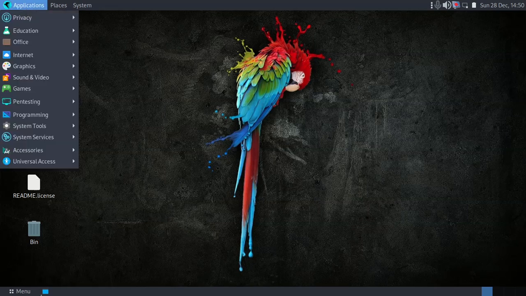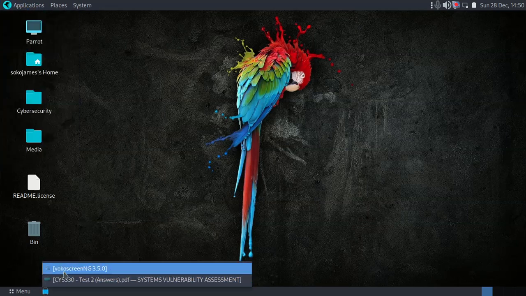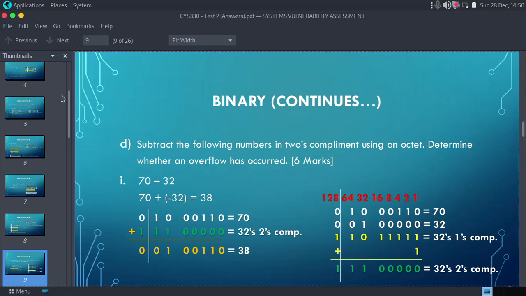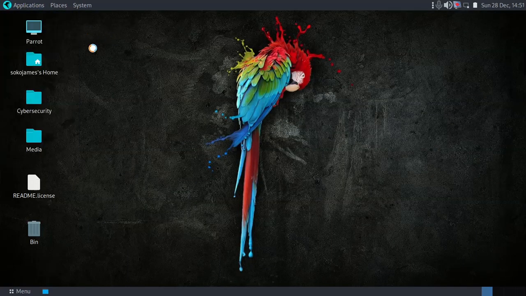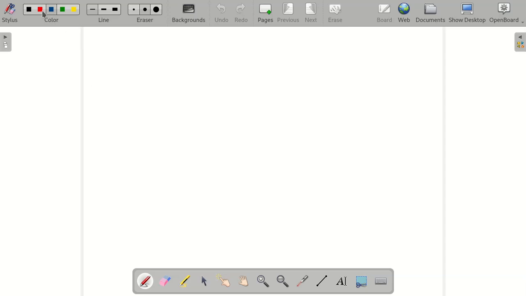70, is it 72 or 70? 70 minus 2, sorry for that. So we have 70 minus 32.